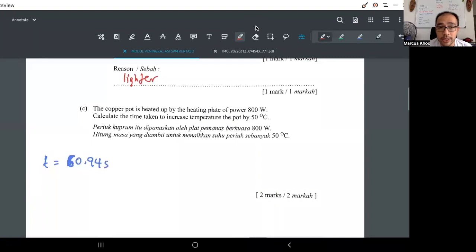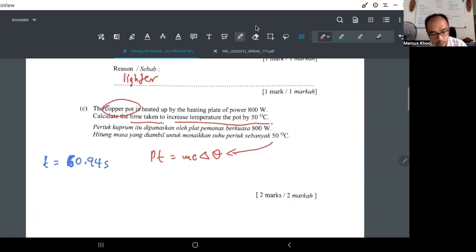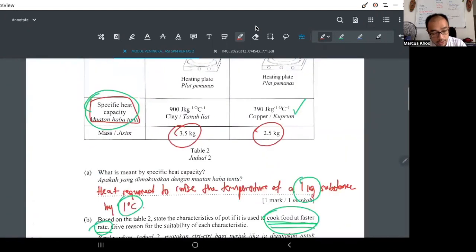The copper pot is heated up by a heating plate of power. Calculate the time taken. So this is Pt equals mc delta theta. The temperature increases by 50 degrees Celsius. This is a copper pot, so we use the c for copper, which is 390.